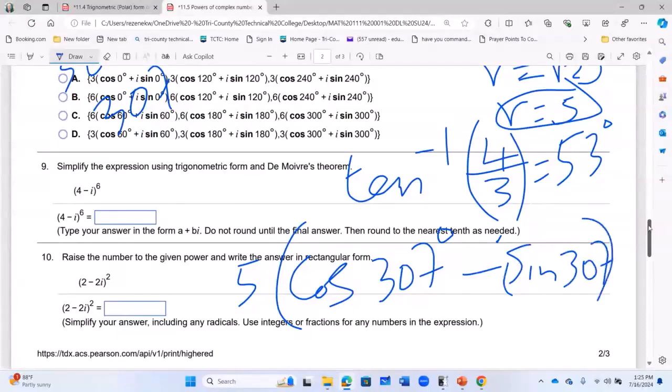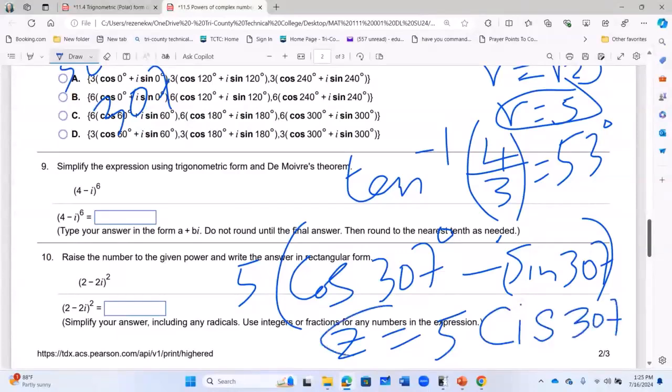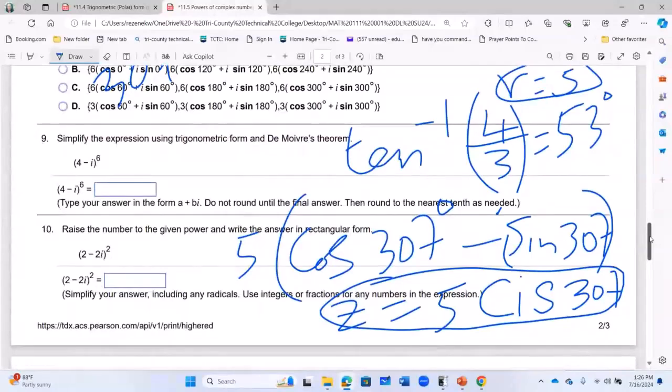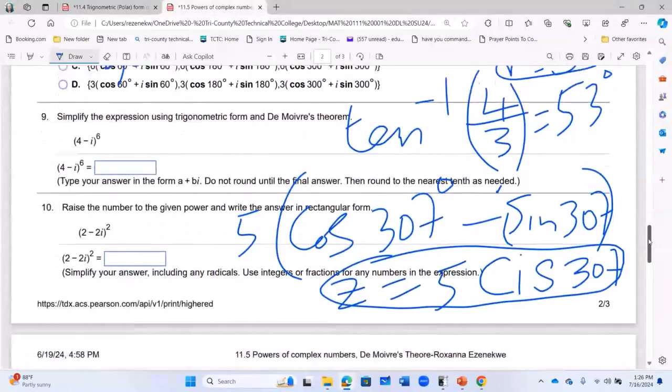And if I'm told to write it, my answer is z equal to 5 cis 307. In other words, I can take a complex number in rectangular form and convert it to polar form or trigonometric form.